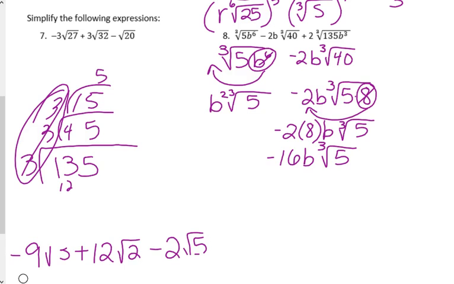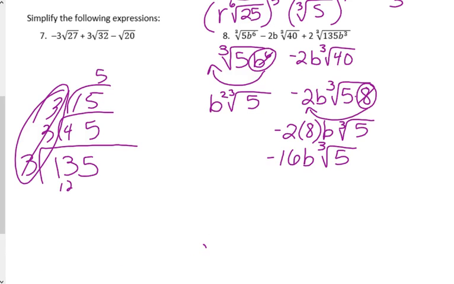I'm going to erase this, sorry guys. We're going to have 2 times the cube root of 3 cubed times 5 times b cubed. b cubed and 3 cubed are both cubes, so we can pull them out. So I'm going to pull out my 3.